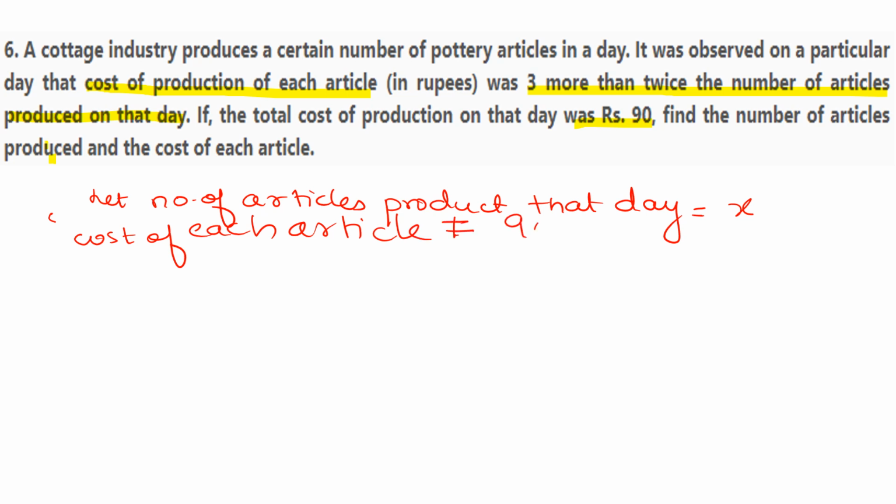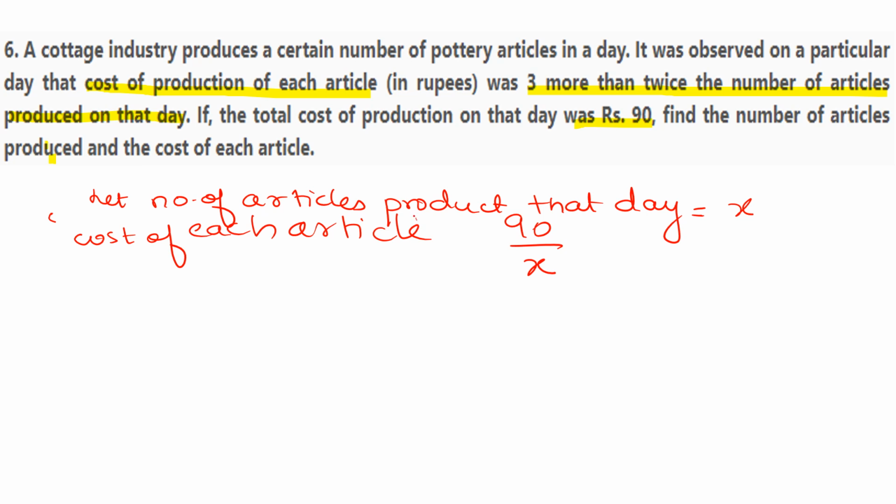But here it is given that the cost of production for each article is 3 more than twice the number of articles produced on that day. 3 more means we have to add 3, and twice the number of articles means twice of x.